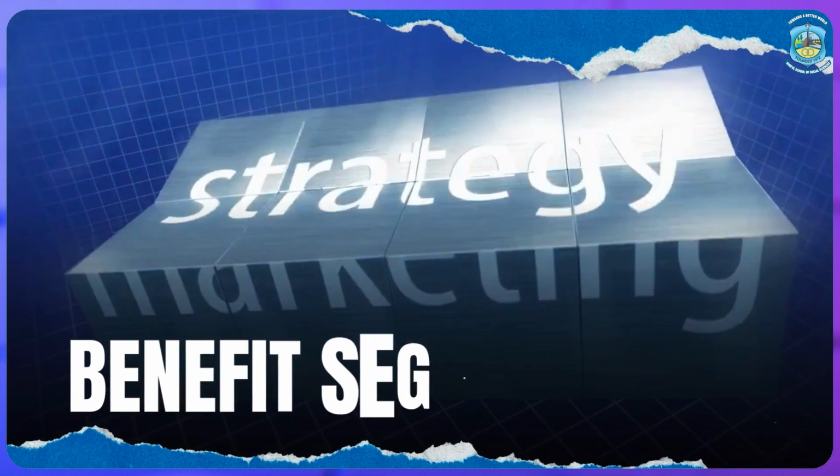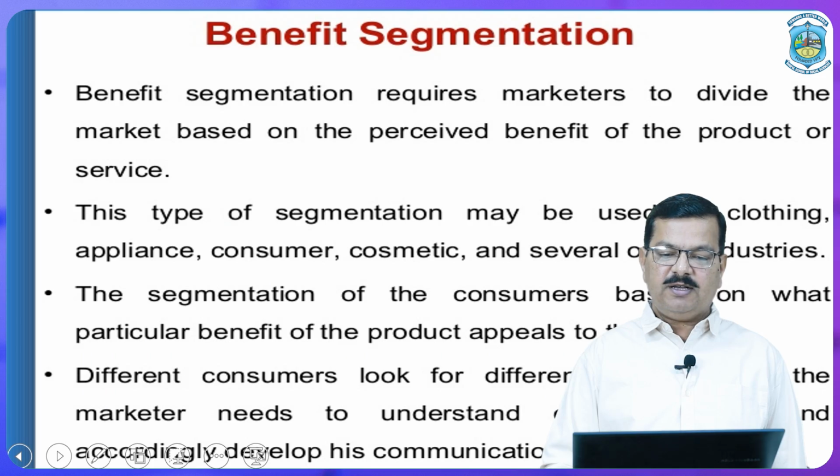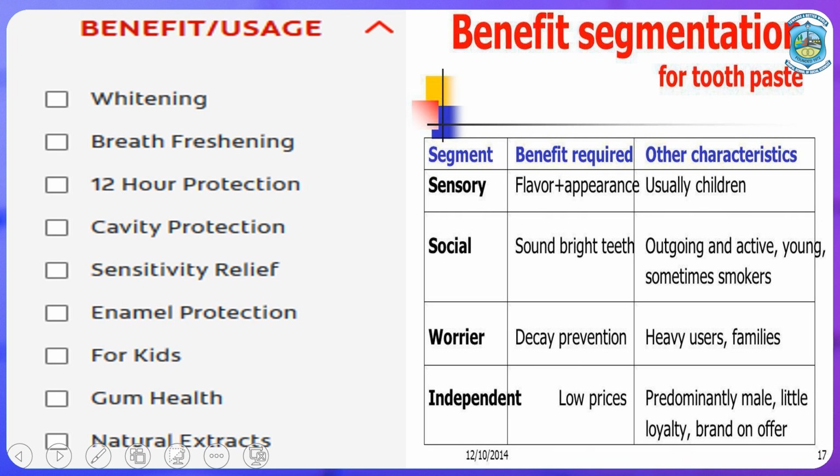Then another important aspect is benefit segmentation, wherein the marketers divide the market based on the perceived benefit of the product or service. A very good example in this context is toothpaste. Toothpaste as a product can offer different types of benefits like whitening of the teeth, breath freshening, 24-hour protection, cavity protection, sensitivity relief, enamel protection, gum health, and so on.